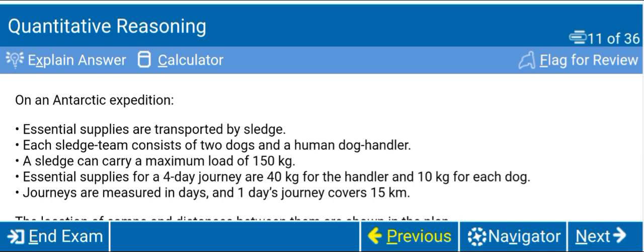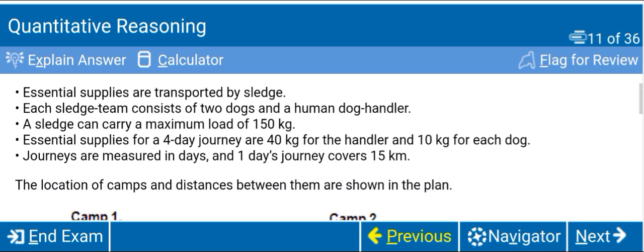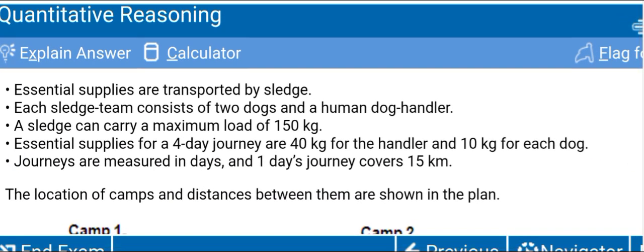So without any further delay, let's start our video with question number 11, which is on an Antarctic expedition. Essential supplies are transported by sledge. Each sledge team consists of 2 dogs and a human dog handler.